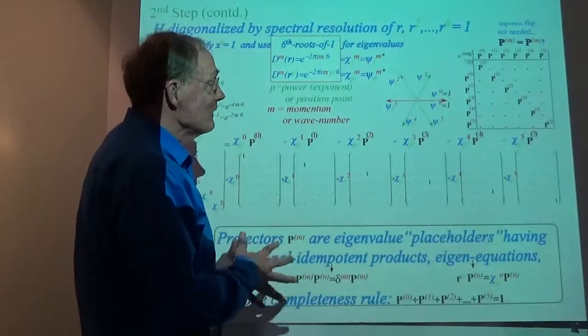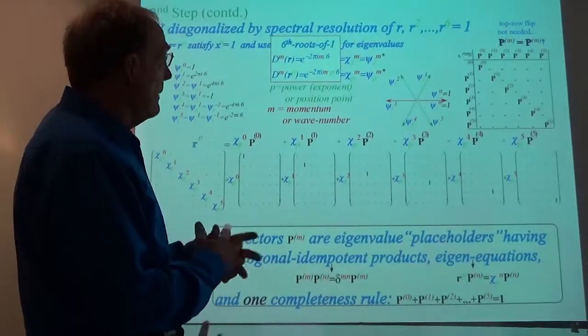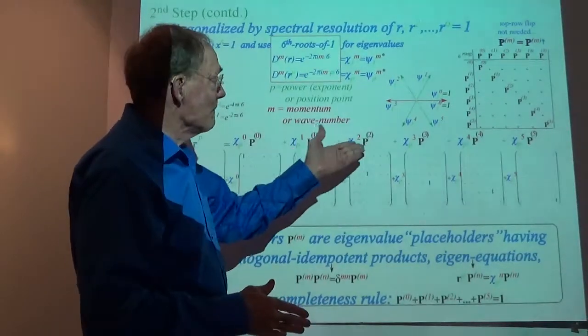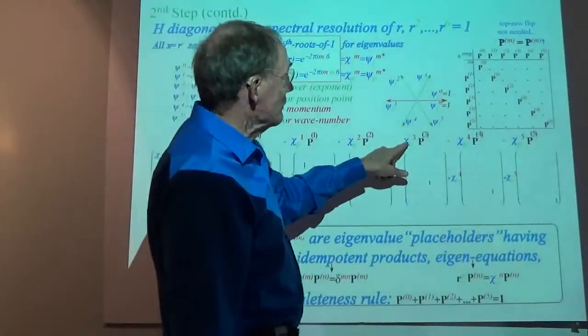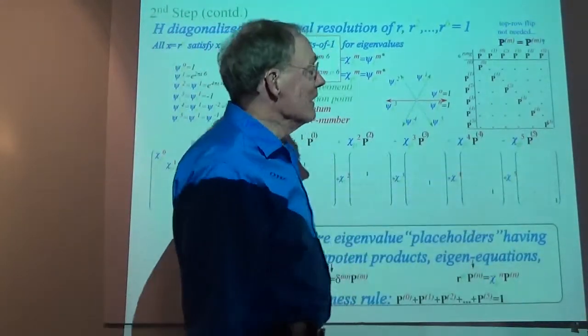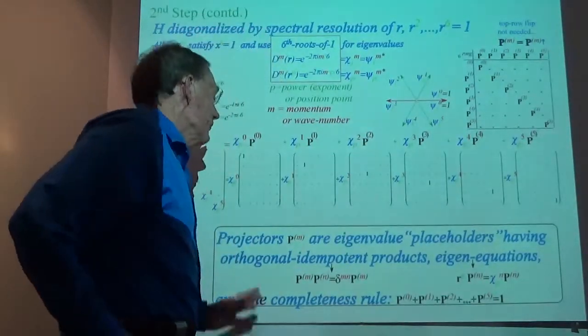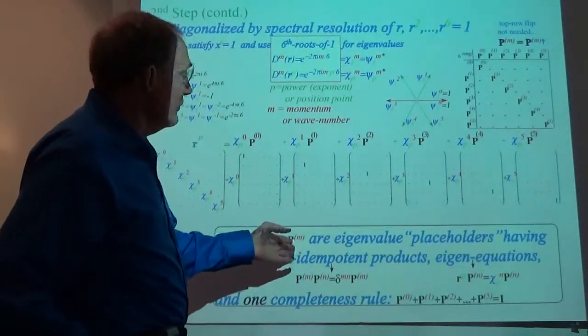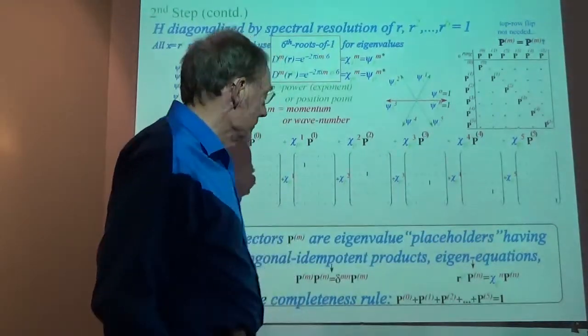So this is just sort of telling the obvious about this expansion. And we know what the eigenvalues are for each of these things. There they are. So this is treating the projectors to start with as eigenvalue placeholders.